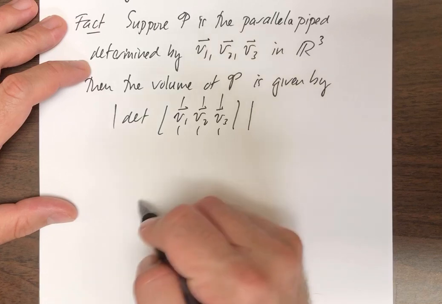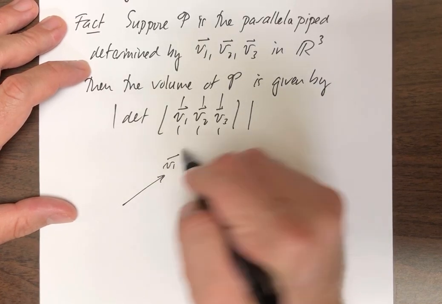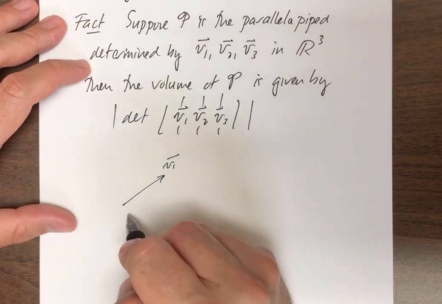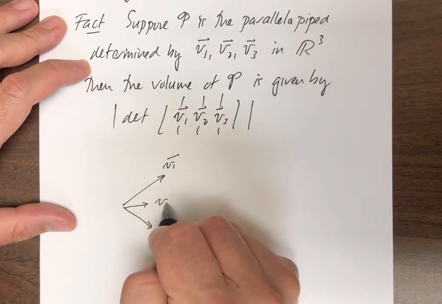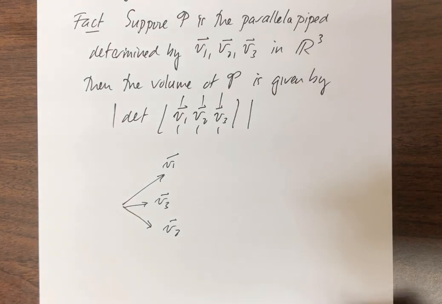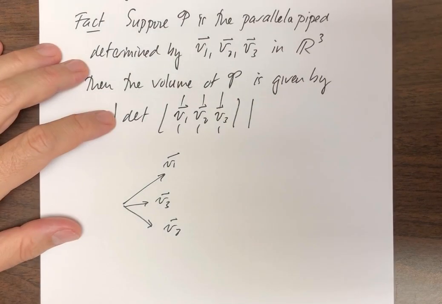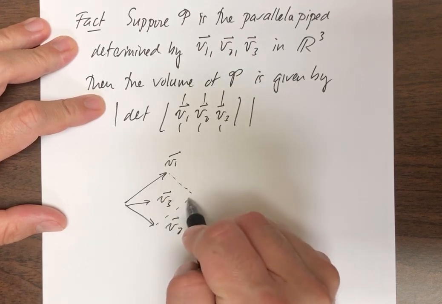So what do I mean by a parallelepiped? So let's see if I can draw this. So here's v1, let's say. I'm not going to draw the axes just to make my life easier. Maybe this is v2, and let's say this is v3. Okay, so just like the parallelogram was kind of a shifted rectangle or square, this is going to be kind of a box-like thing. So it's going to be something like this.